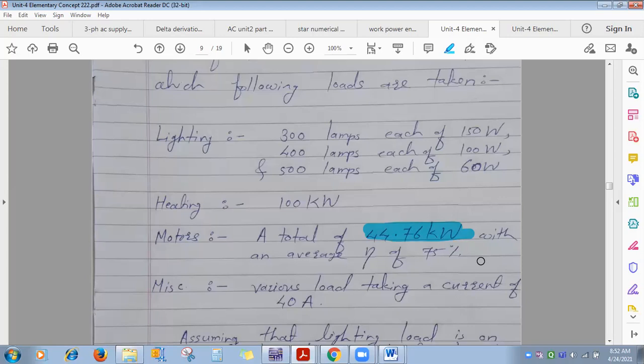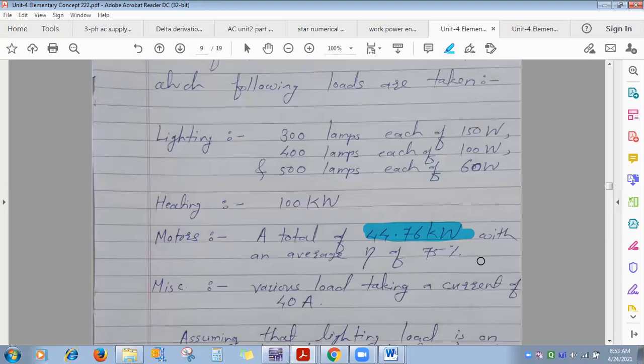What does it mean? You have to consider it as its output or input? Not input, it's the output. This much maximum power the motor can deliver through its shaft to the load connected to its shaft at the output.